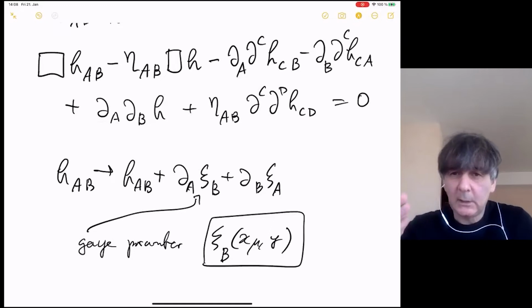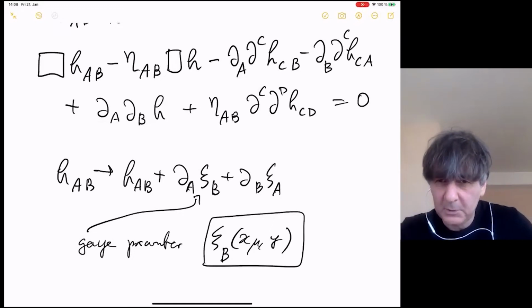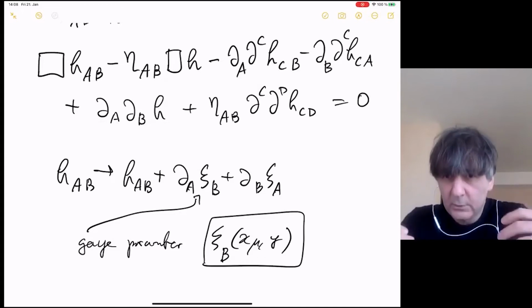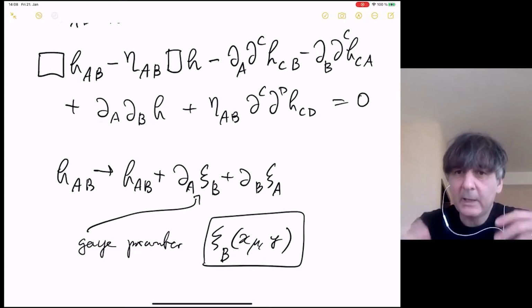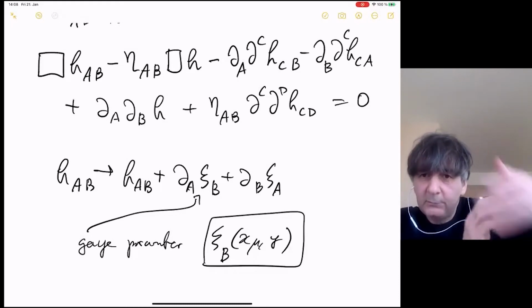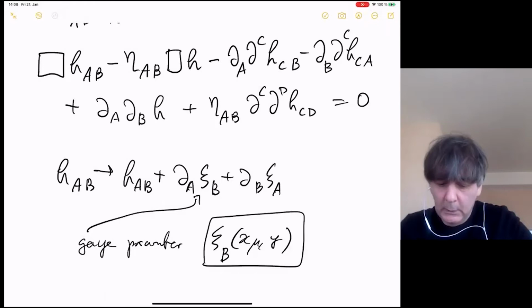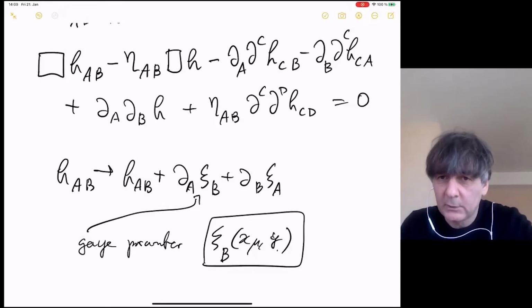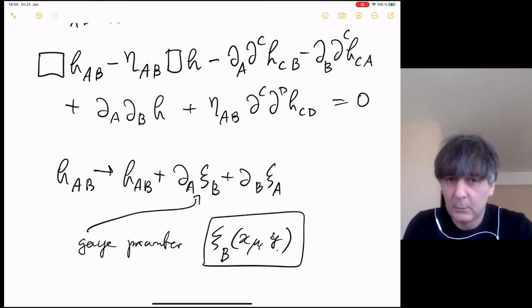Since it's a 5-dimensional function of 5-dimensional coordinates, from the point of view of 4 dimensions this is like an infinite number of redundancies. Not just one redundancy, but an infinite number, because for each coordinate y you have an independent function of 4 space-time coordinates.